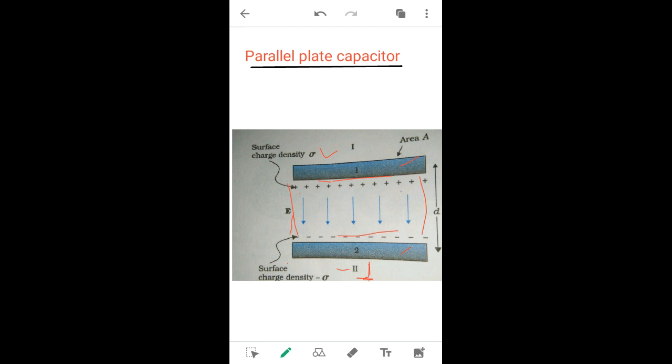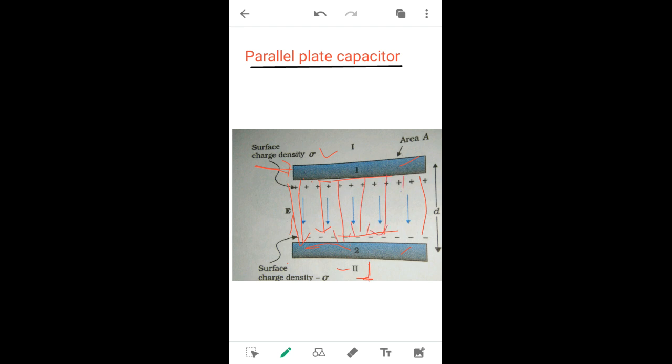As the atom gains charge it becomes negative, and when it loses charge it becomes positive. Here the surface gains the charge, and as there is another plate, plate 2, the charge is given to the other plate by induction in this manner.